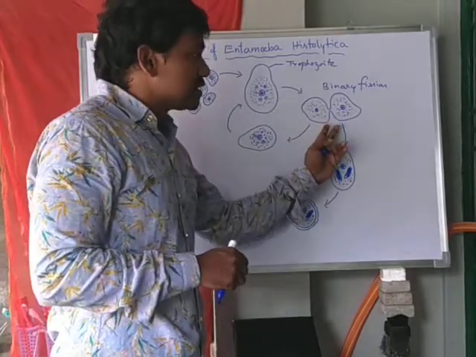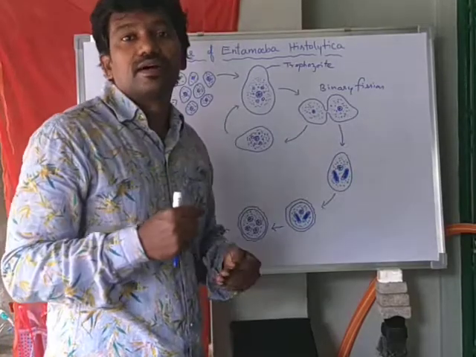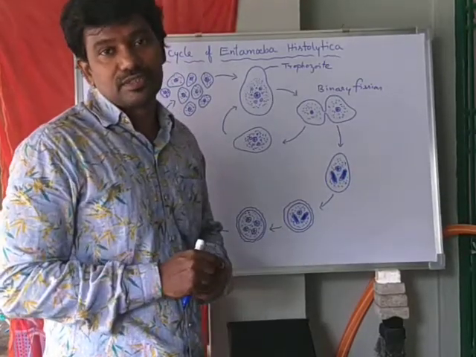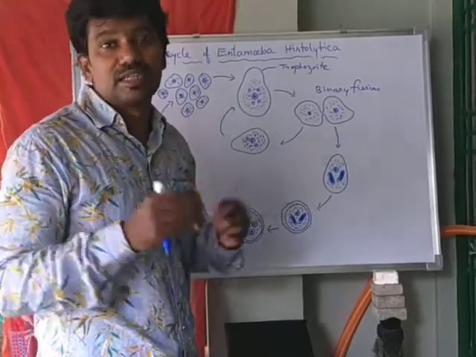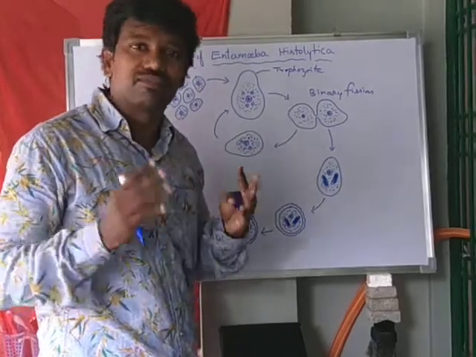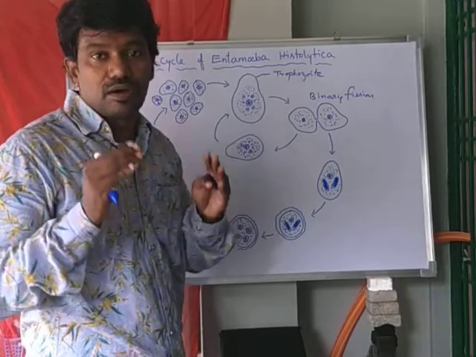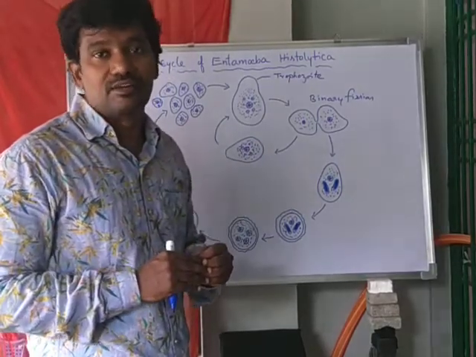One binary fission forms two daughter individuals, and each one again undergoes binary fission. Through repeated binary fission, a number of daughter Entamoebae are formed, and the number increases in the wall of the large intestine of man.